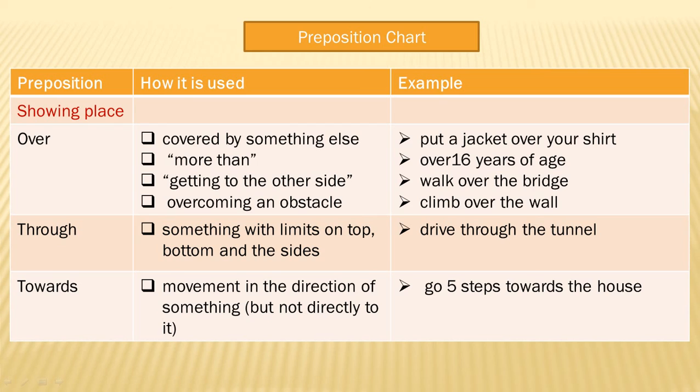Through, something with limits on top, bottom and the sides. Drive through the tunnel. Towards, movement in the direction of something but not directly to it. Go 5 steps towards the house.